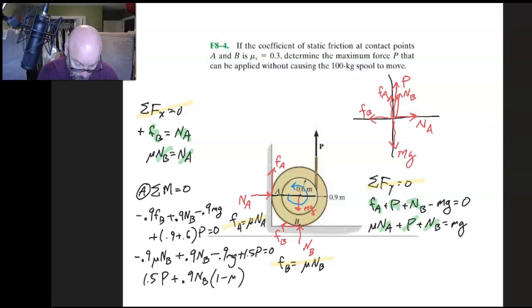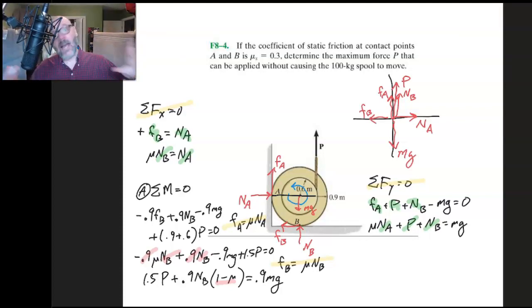So I got my 0.9s in both, NB in both, so I'm left with minus mu plus 1. And this is equal to 0.9 mg. So that equation has been reduced to 2 unknowns.